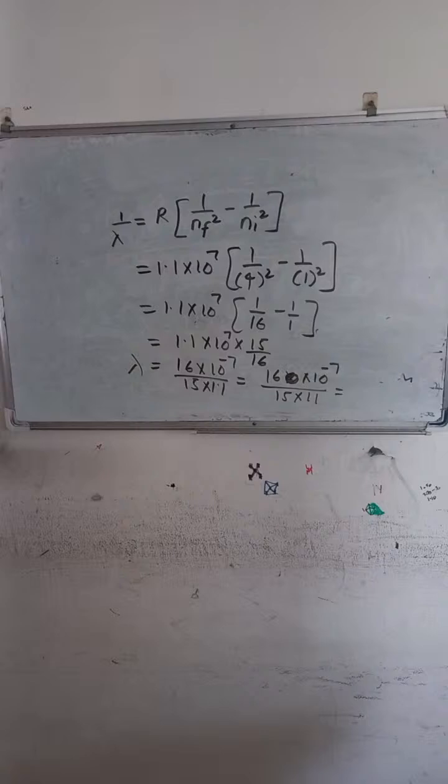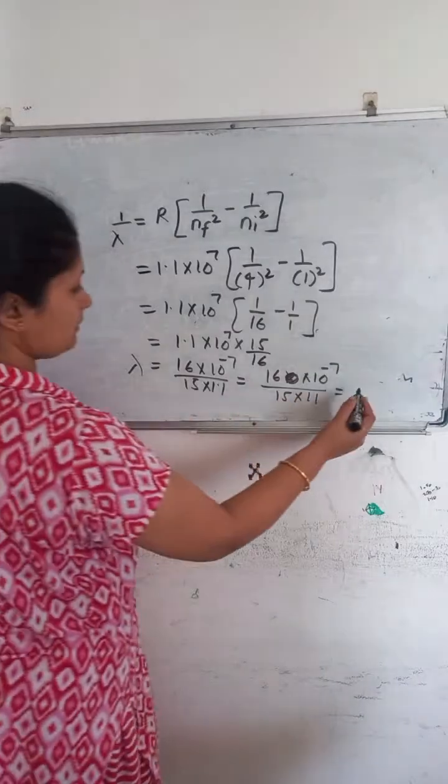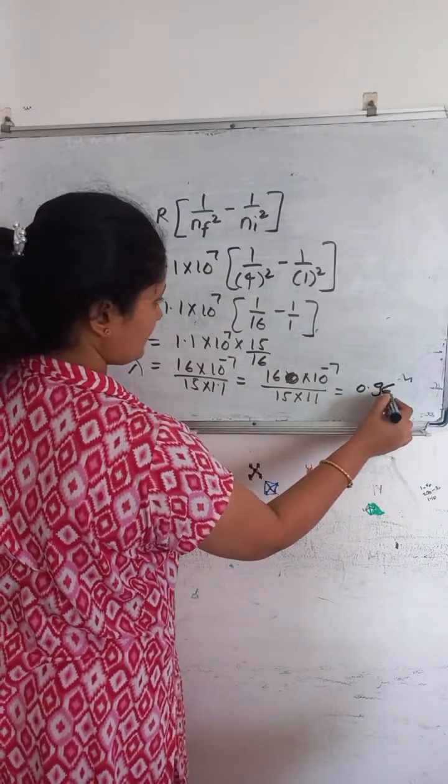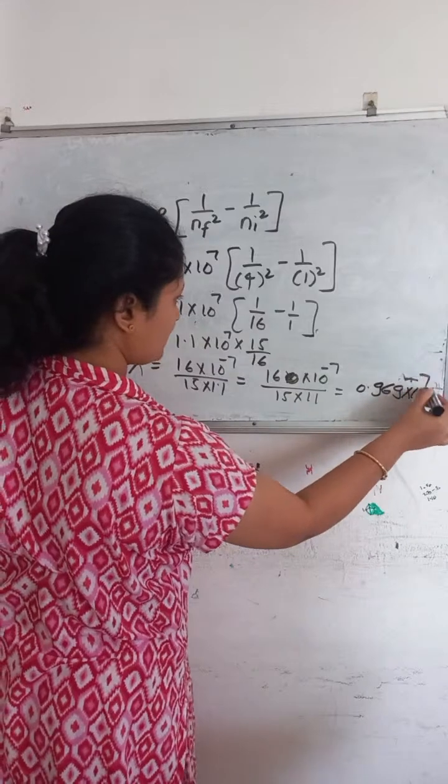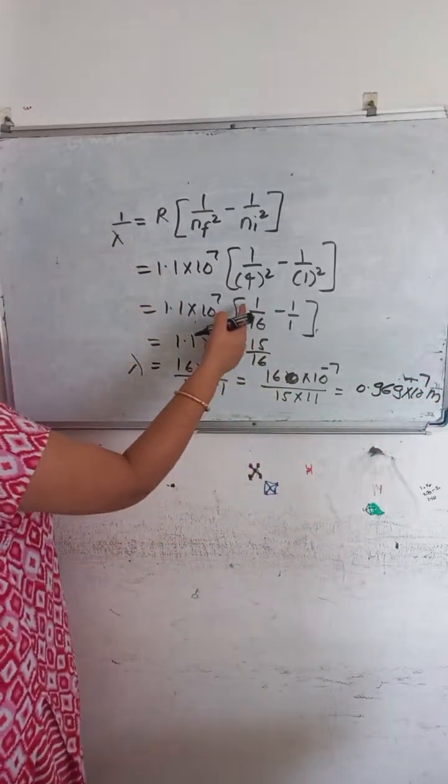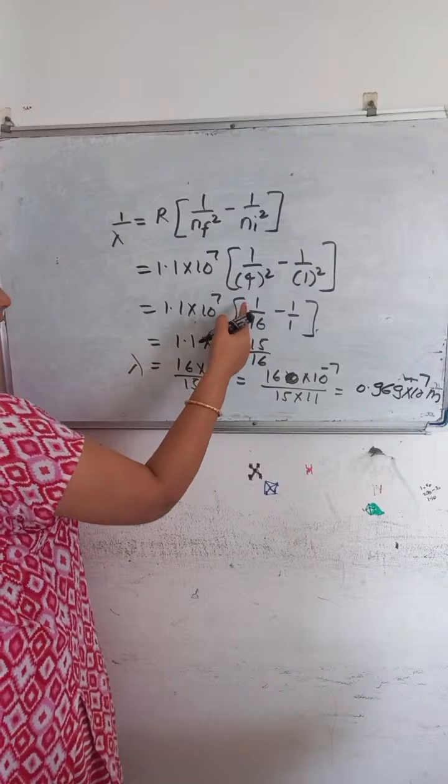Do the calculation. Check the answer. It is approximately we will get here as 0.9696 into 10 raised to minus 7 meter. Okay, here actually we will get this as a negative, but you have to take a mod.